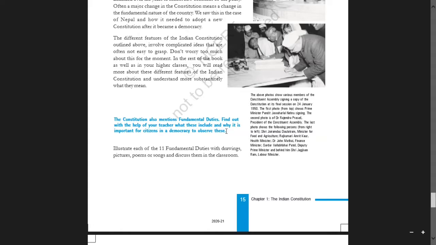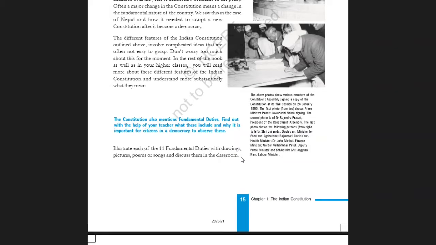So, children, as and when we get time, we'll discuss this nicely again. Illustrate each of the 11 fundamental duties with drawings, pictures, poems, or songs and discuss them in the classroom. This one is for you. So let us skip this one. But the fundamental duties, you also have to know, boys.